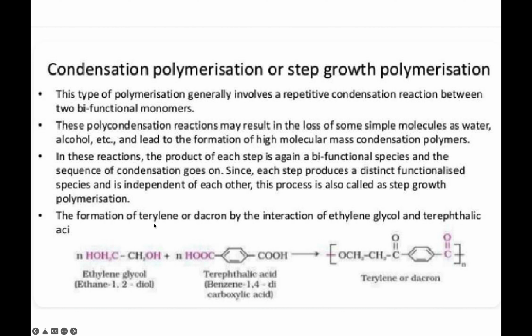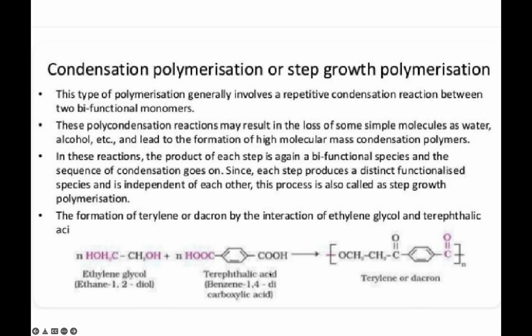For example, the formation of terylene or dacron by interaction of ethylene glycol and terephthalic acid. You can see here ethylene glycol, HOH2C-CH2OH. It reacts with n molecules of terephthalic acid, with a benzene ring and a COOH group on either side.